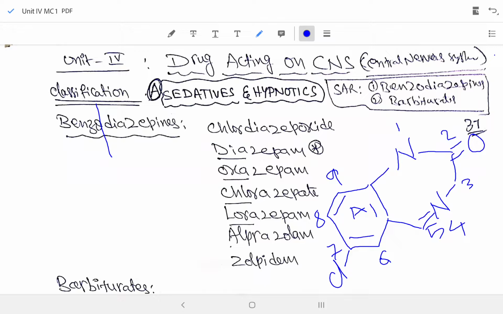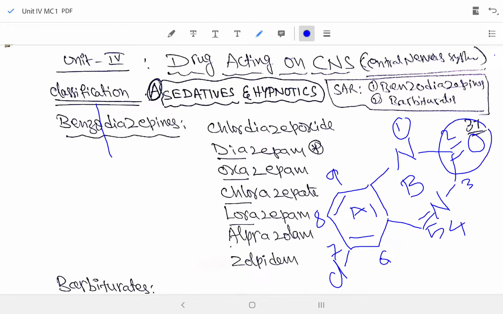Then, let us have ring B, the diazepine ring. This is the N1 nitrogen. If an alkyl or haloalkyl or alkenyl or aminoalkyl group is attached to the nitrogen in first position, it will increase the activity. And the carbonyl group at second position is optimum for activity.